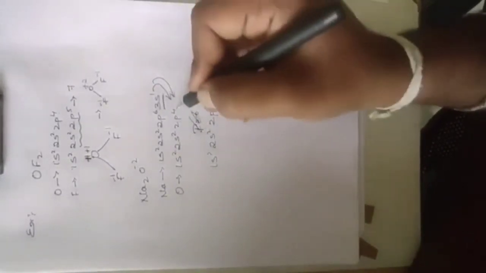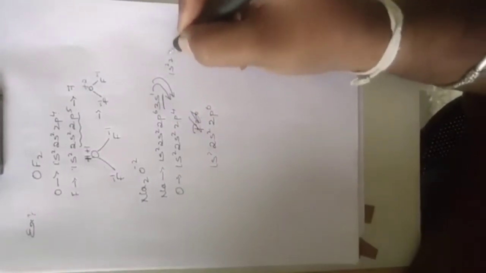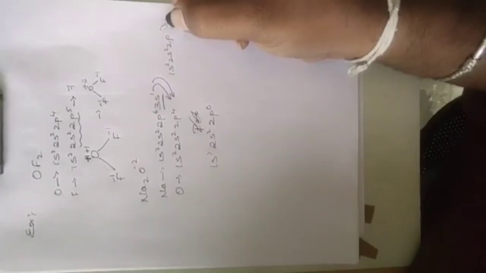Two electrons are coming in, and the sodium's two electrons are leaving, so it is +2.